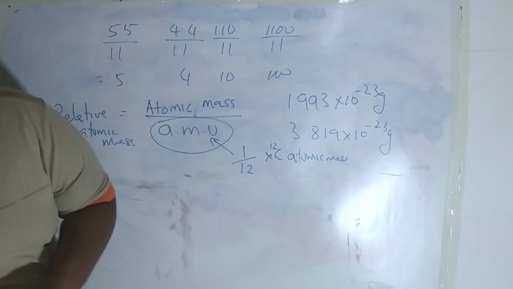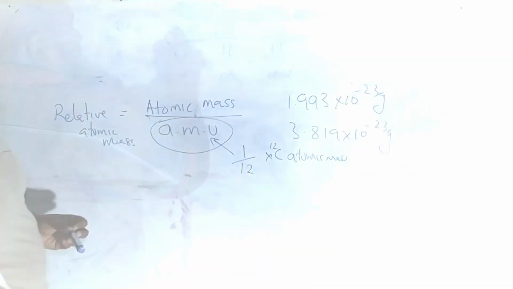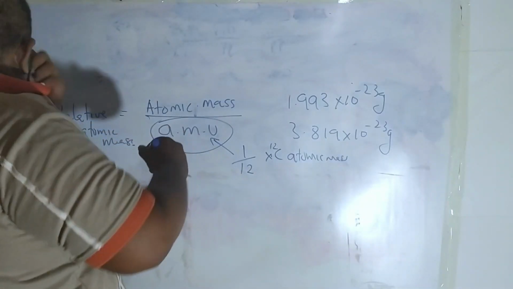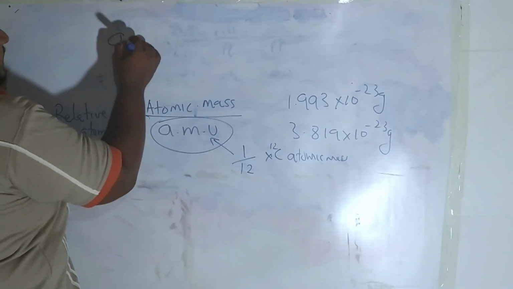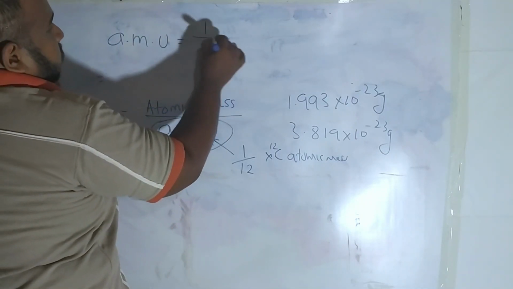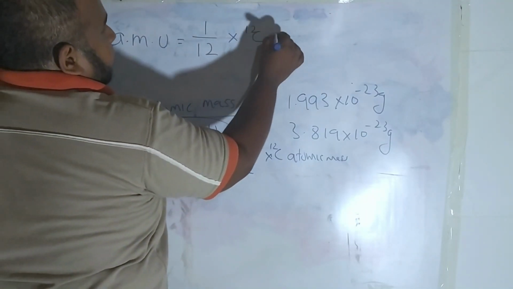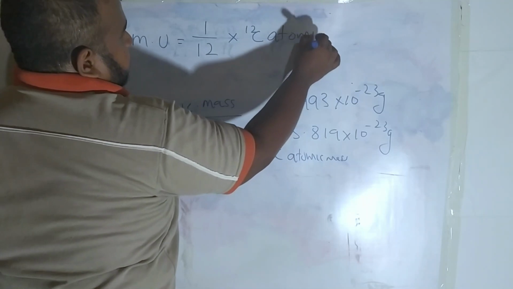So scientists define the atomic mass unit as 1/12 of carbon 12 atomic mass.